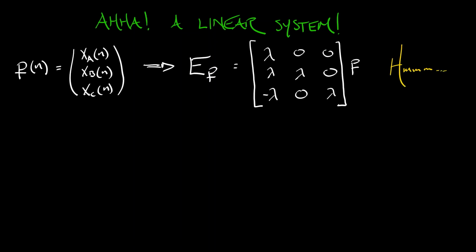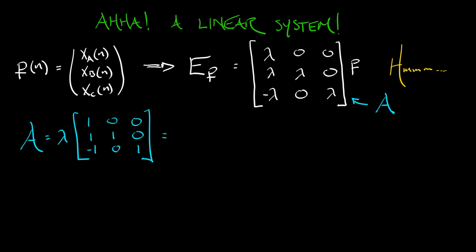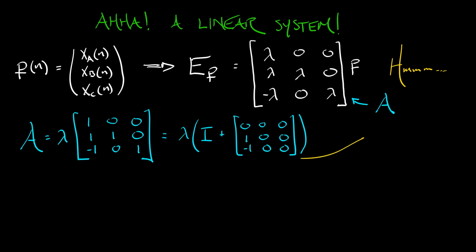Now if I call that matrix A, I can think of it as a rescaling by lambda of what? Well, I've got 1, 0, 0, 1, 1, 0, negative 1, 0, 1. That's really an identity matrix plus something that's got a lot of zeros in it and a minus 1.